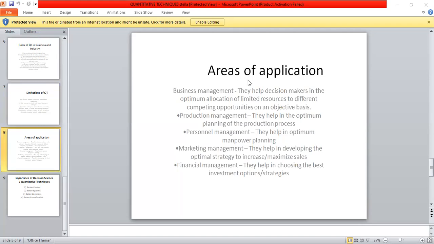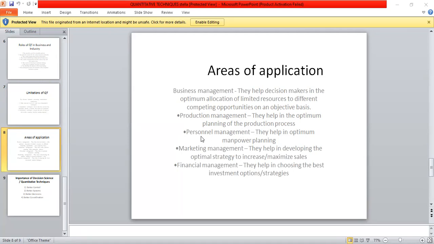Areas of application of quantitative techniques include business management. They help decision makers in the optimum allocation of limited resources to different competing opportunities on an objective basis. Secondly, production management. They help in the optimum planning of the production process.